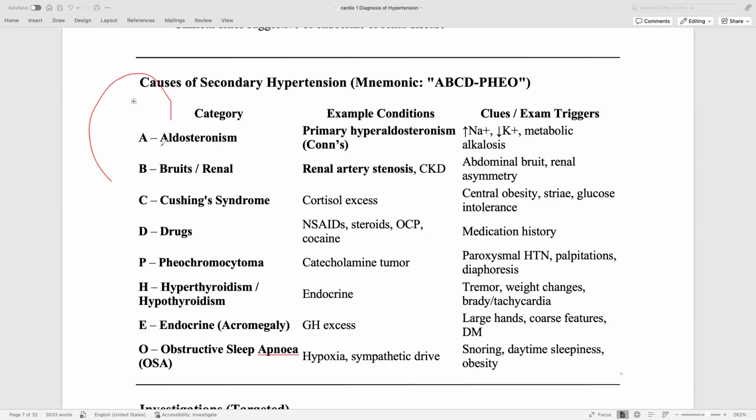So if this is a kidney and the renal artery is stenosed here, the blood pressure in the glomeruli will be low, the renin will be high. And the aldosterone will be high نتيجة للهاي renin. الهاي renin high نتيجة renal artery stenosis.